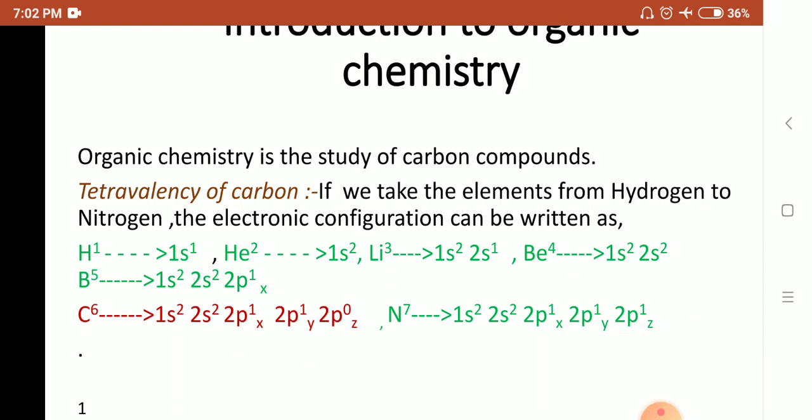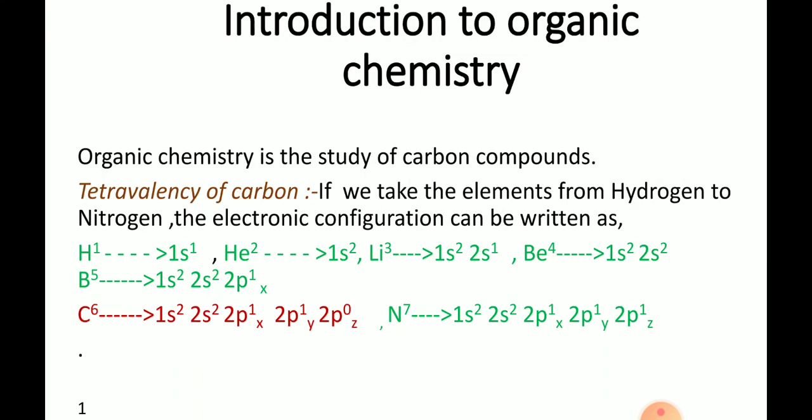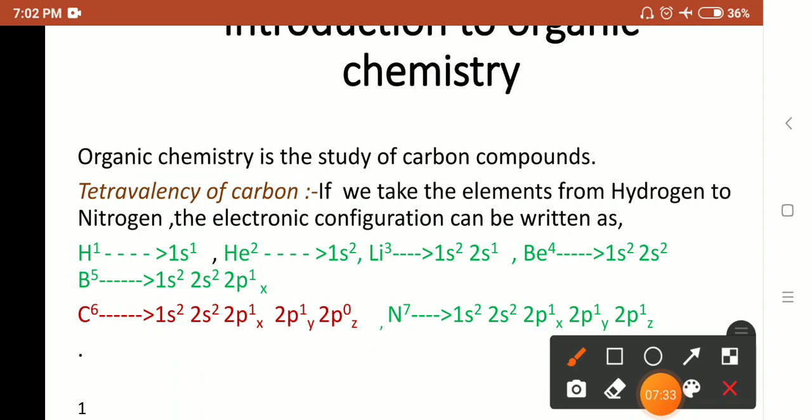Now in case of nitrogen, atomic number 7, the configuration is 1s2, 2s2, 2px1, 2py1 as here. But the number of electrons is 7, 1 more compared to carbon. That electron goes into the pz, as px, py, pz are of the same energy.